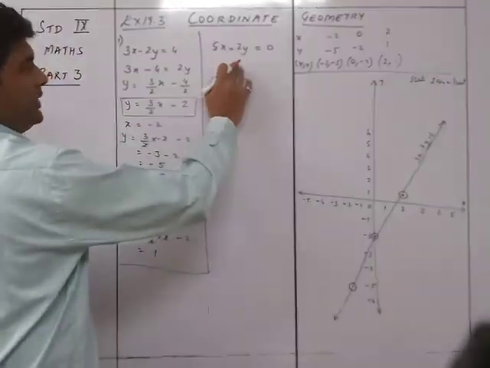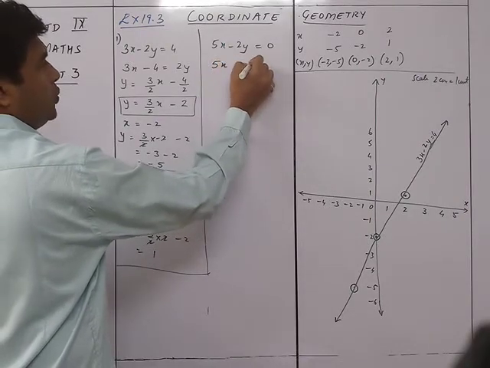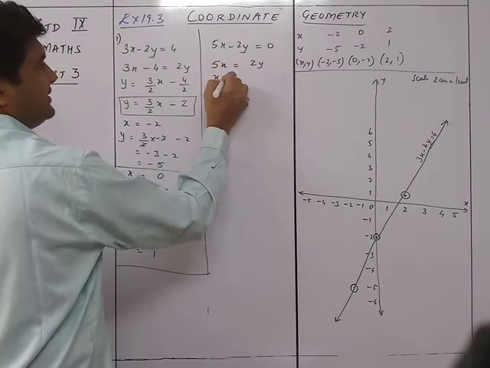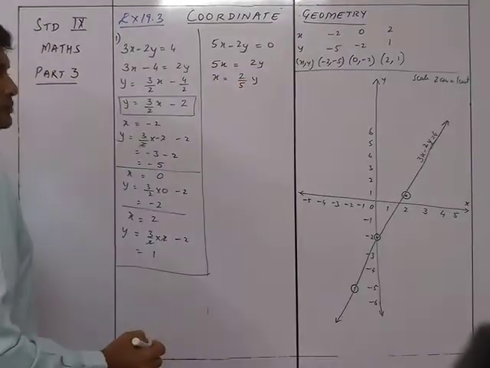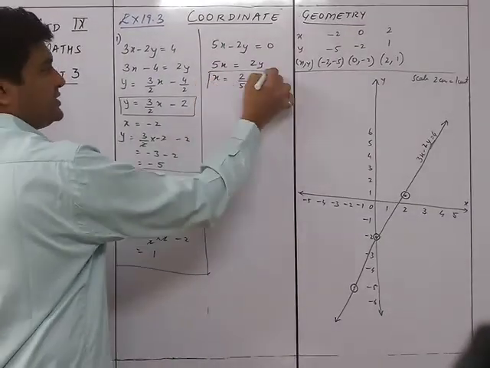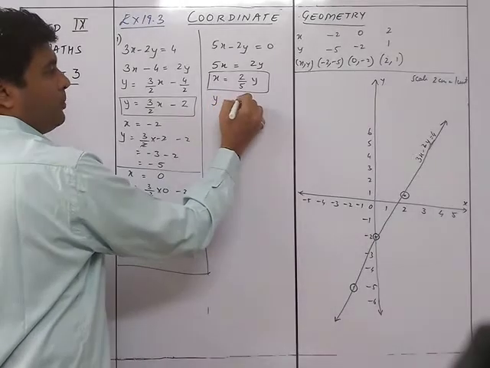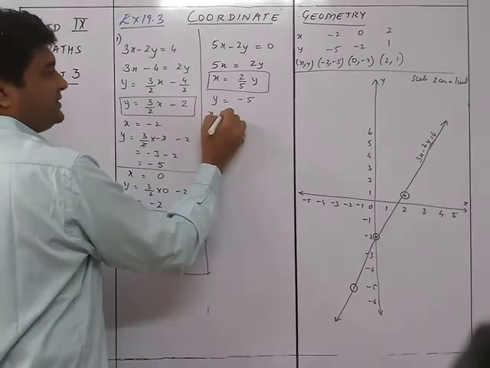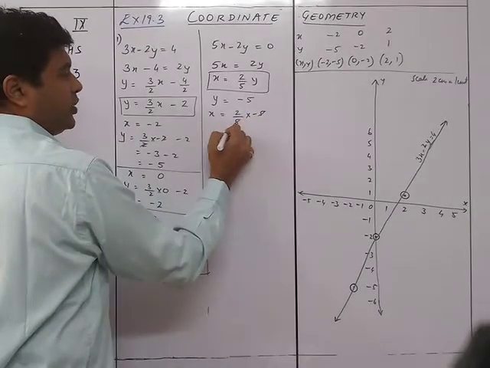Okay. Now we'll take the next one. So here also we'll take this as 5x is equal to 2y, or you can say x is equal to 2 upon 5 y. So accordingly, if we take y is equal to minus 5, then x is equal to 2 upon 5 into minus 5, that will be equal to minus 2.